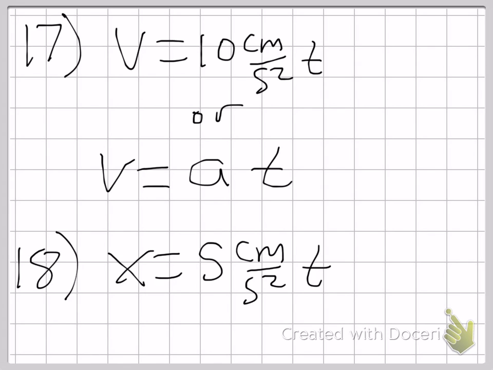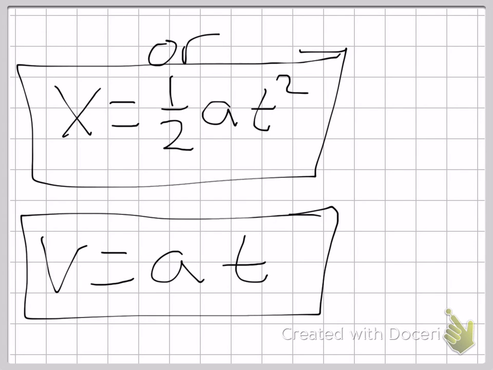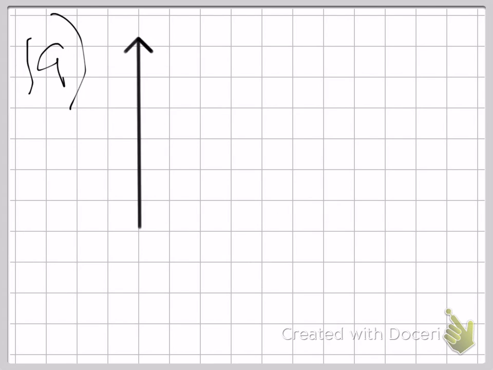If it is our slope here that we said is exactly half the acceleration, then that's exactly what we're going to write, 1/2 a. So our general equation here is x equals 1/2 a t squared. That is the end result. And our other one, which is nothing new, is velocity equals acceleration times the time.